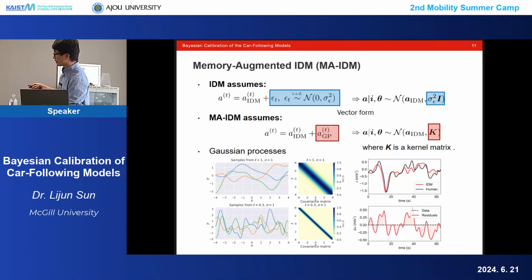In the kernel function, I can use one of the parameters, which is called the length scale, to control the relative range of the correlation. If I have a very large length scale, you can see the curve becomes very smooth.